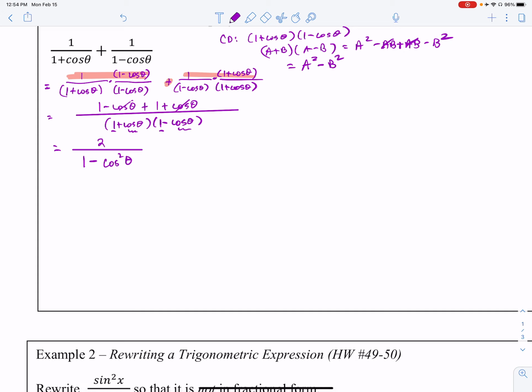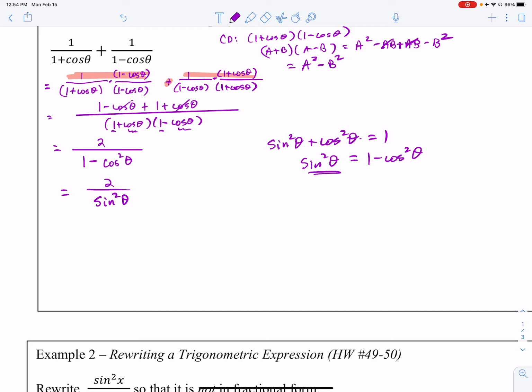And now 1 minus cosine squared theta, remember that sine squared theta plus cosine squared theta equals 1. If I solve that for sine squared theta, I have sine squared theta is 1 minus cosine squared theta, so I can substitute sine squared theta in for 1 minus cosine squared theta.